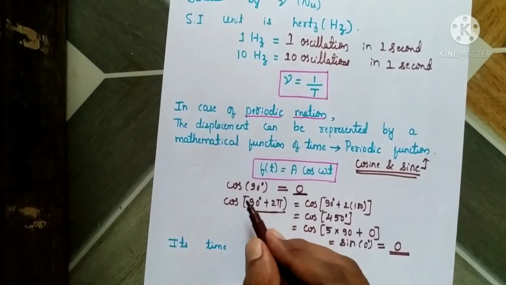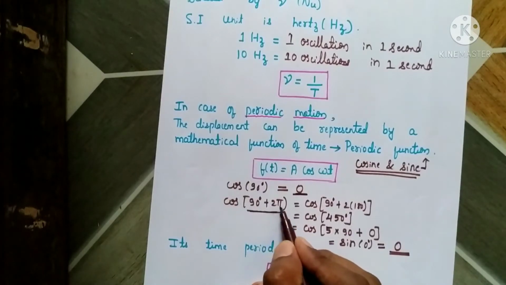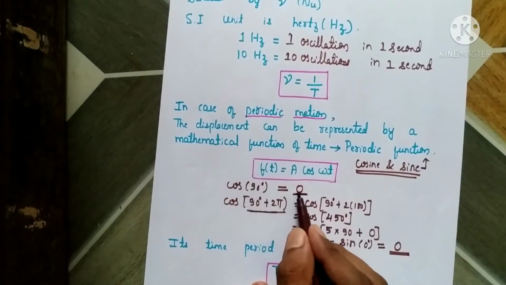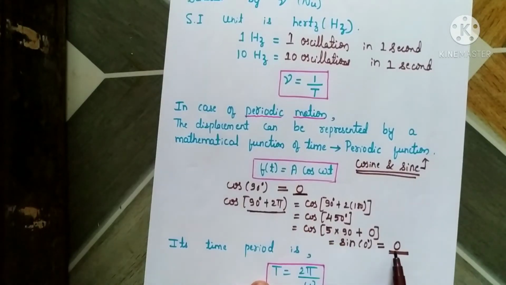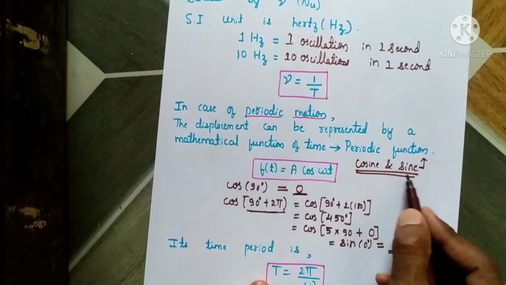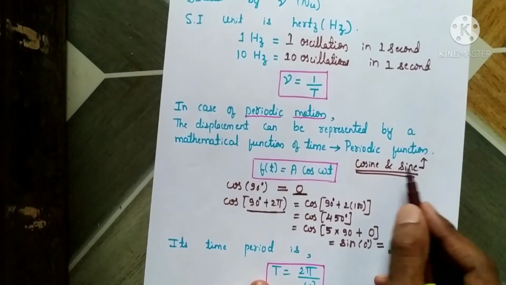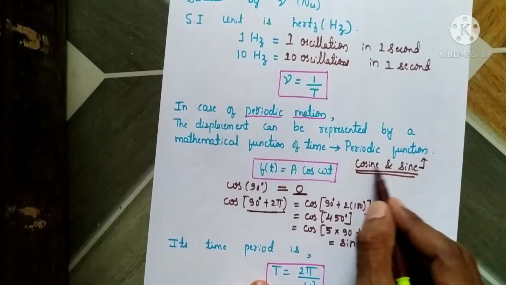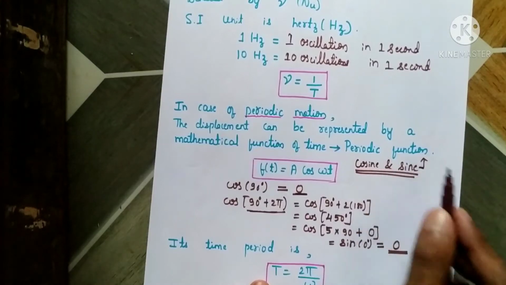That means cos repeats its value after every 2 pi radians, which is why we can call the cos function a periodic function. If you take the sine function also, its value repeats after every 2 pi radians, so you can call these two functions periodic functions.